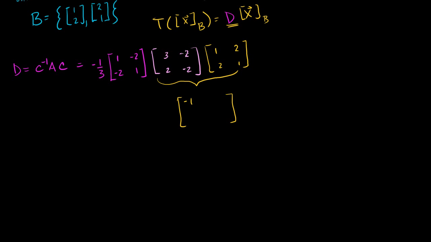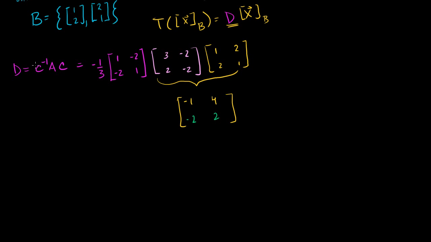Then you have 3 times 2, which is 6, minus 2 times 1. So that is 4, right? 3 times 2 minus 2 is 4. And then when you go down here, 2 times 1 minus 2 times 2. That's 2 minus 4, that's minus 2. And then 2 times 2 is 4, minus 2 times 1. So 4 minus 2 is just 2.